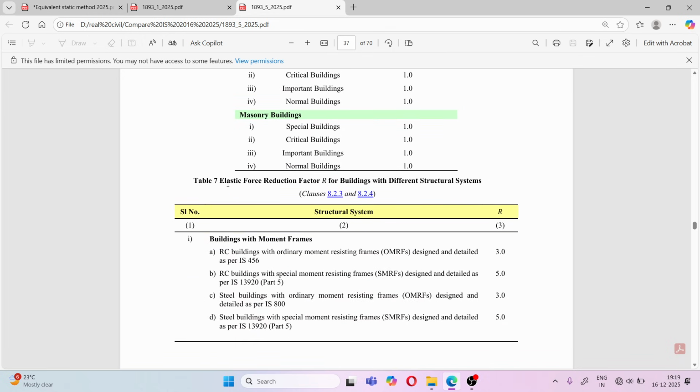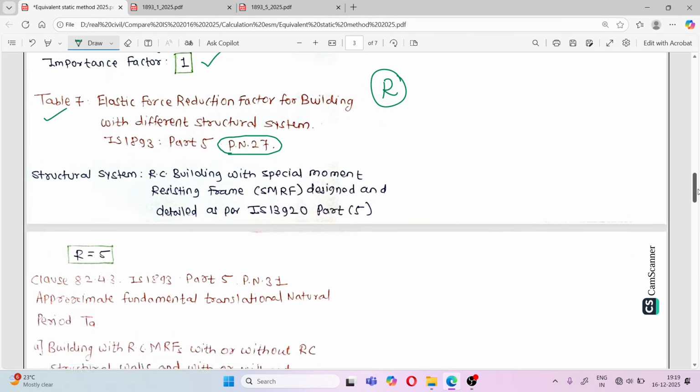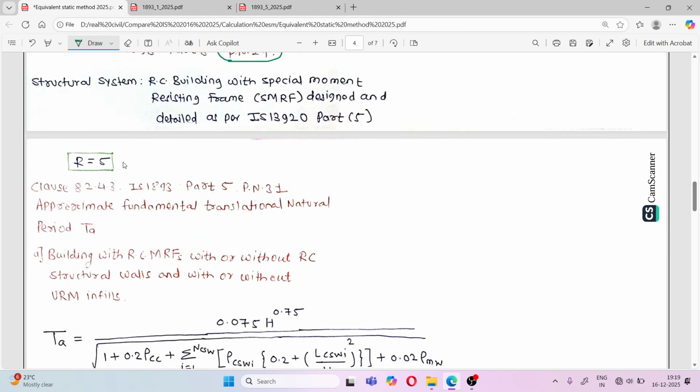So here you can see Table 7. Now in the given data, it is mentioned clearly it is an RC building with special moment resisting frame, designed and detailed as per IS 13920 Part 5. So our R value will be 5. So our R value is 5.